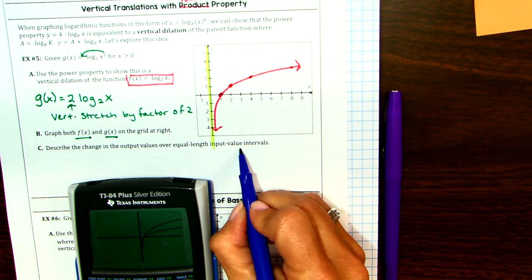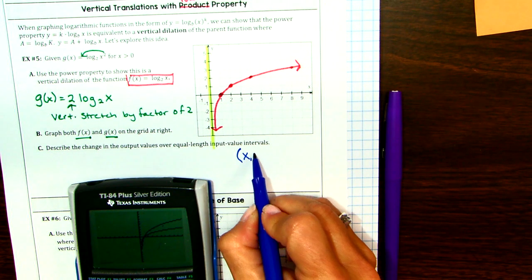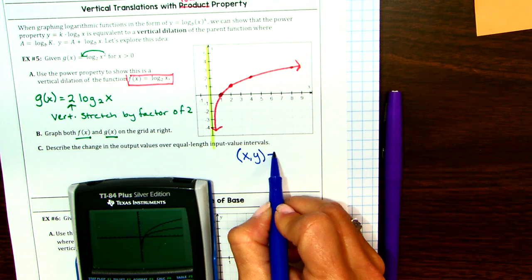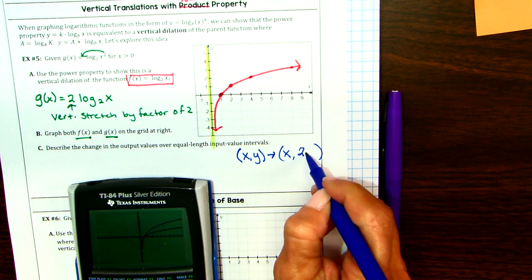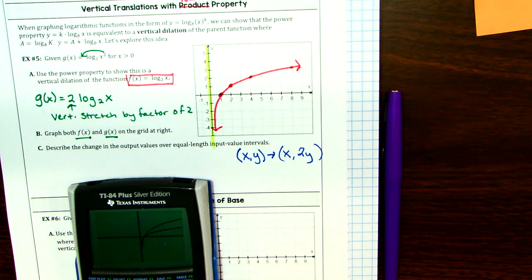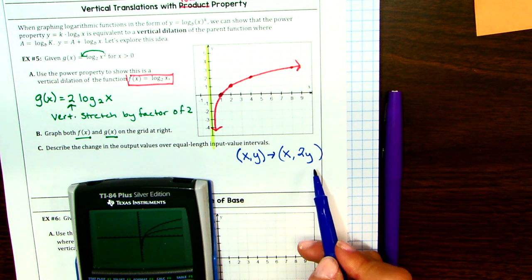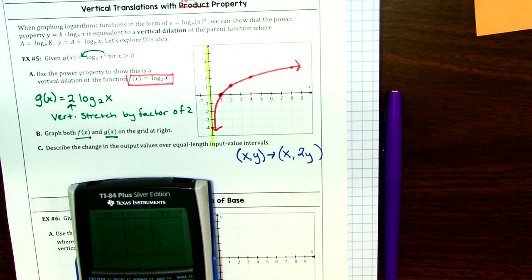So if I were writing an xy rule, which you're supposed to do in the homework, I just didn't write it here, that means all my x's stay the same, all my y's are multiplied by 2. That's what a vertical dilation does. If anything's happening up or down, it's affecting the y value.